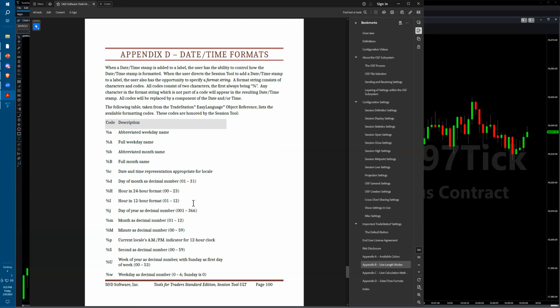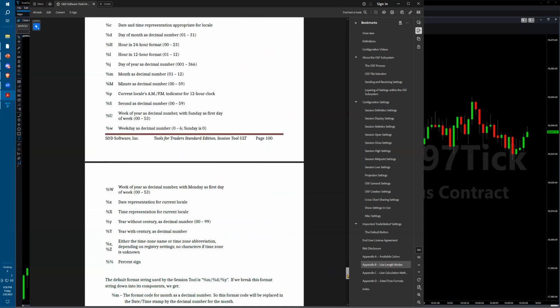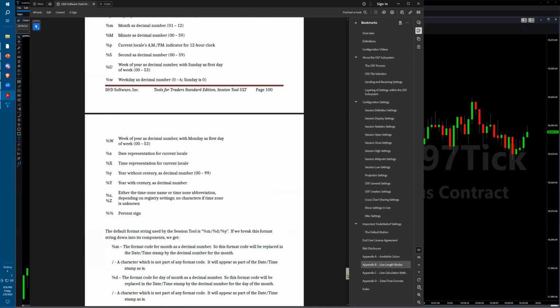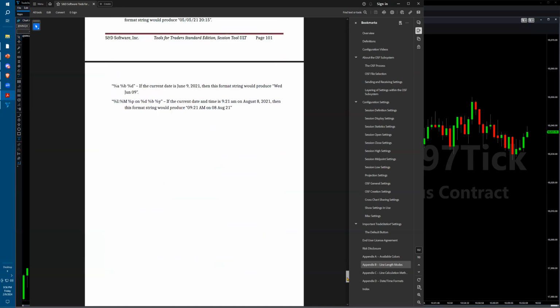Then that date and timestamp can be added to your label for a session or for one of the lines generated by the session. There are some examples here that you can go through if you have any questions or want to play with it and try things. You can start with these.